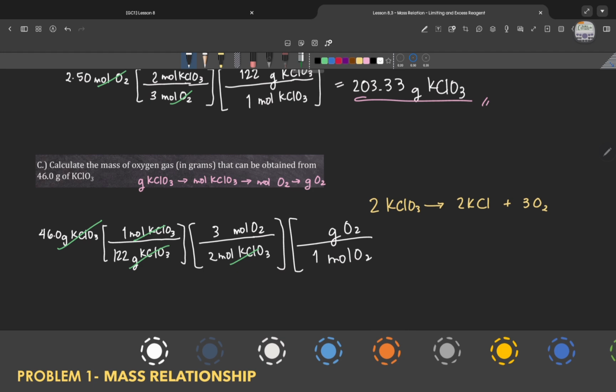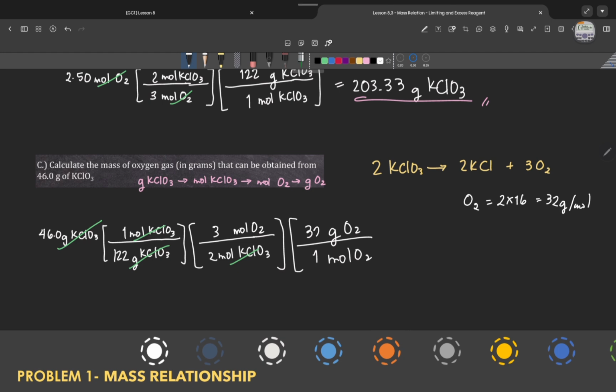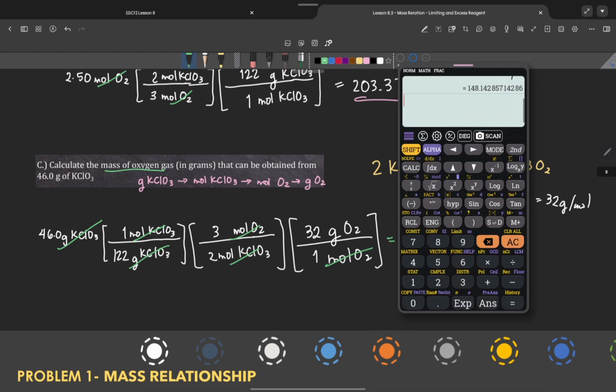For every 1 mole, we have to get the molar mass of O2. Since O2 is oxygen, O2 is 2 times 16. That will be 32 grams per mole. So we need 32. Okay, cancel, cancel. So we have now grams of O2, which is asked, the mass of O2. Then calculate that.